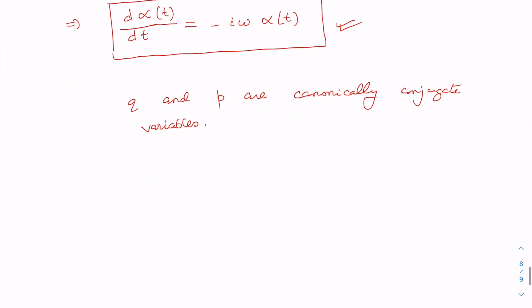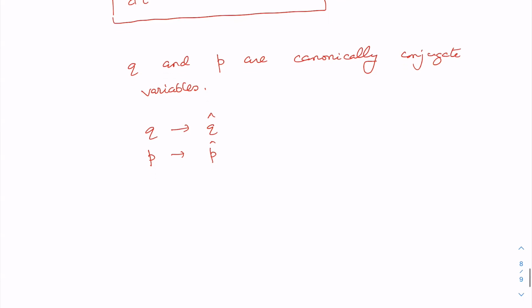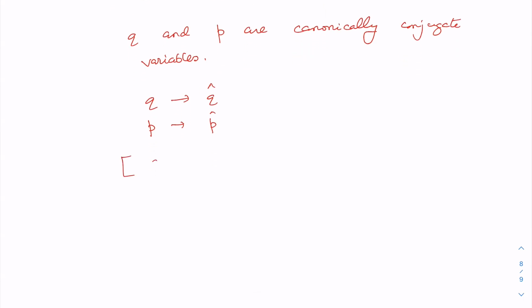In fact, quantization is a very straightforward business now. What we just have to do is replace q by an operator, and p also by an operator, and then we will have a commutation relation between these operators.